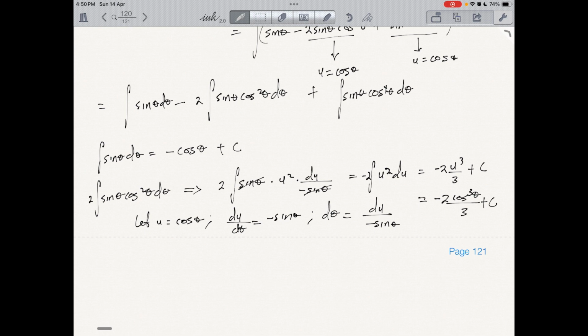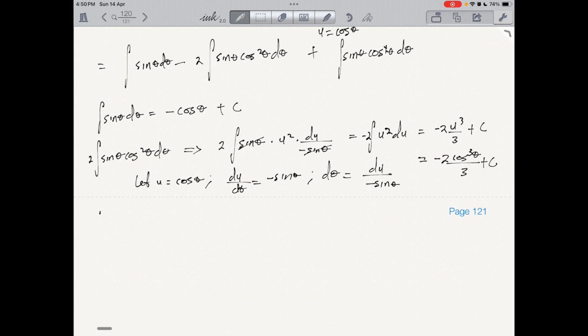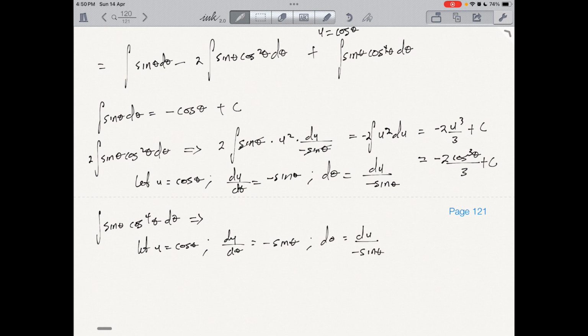And finally, let's integrate sine theta cos to power 4 theta with respect to theta. Now in this case, we also say let u be equal to cos theta, such that du d theta, like we did earlier, is equal to minus sine theta, and d theta is equal to du divided by minus sine theta. So with that done, this becomes the integral of sine theta, cos theta has already changed to u, as u raised to power 4, and d theta is equal to du divided by minus sine theta.